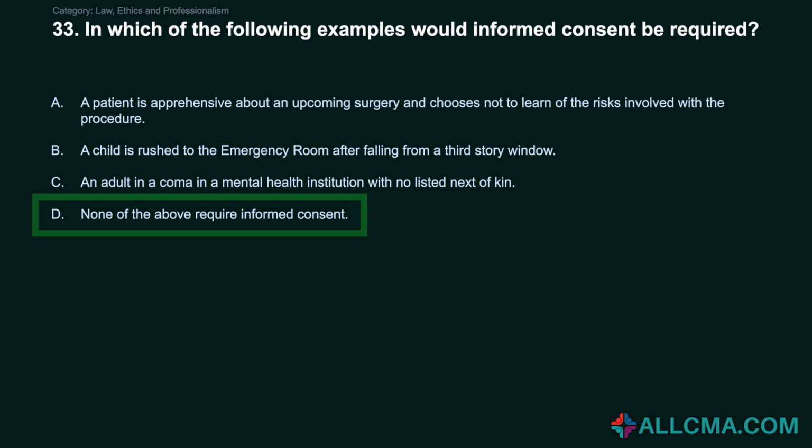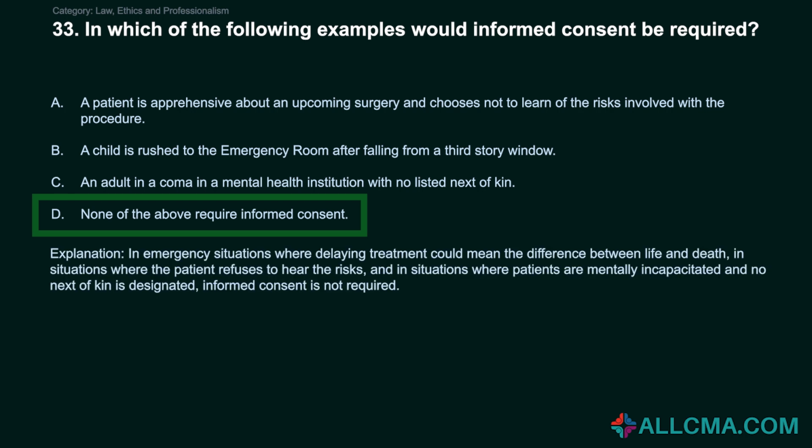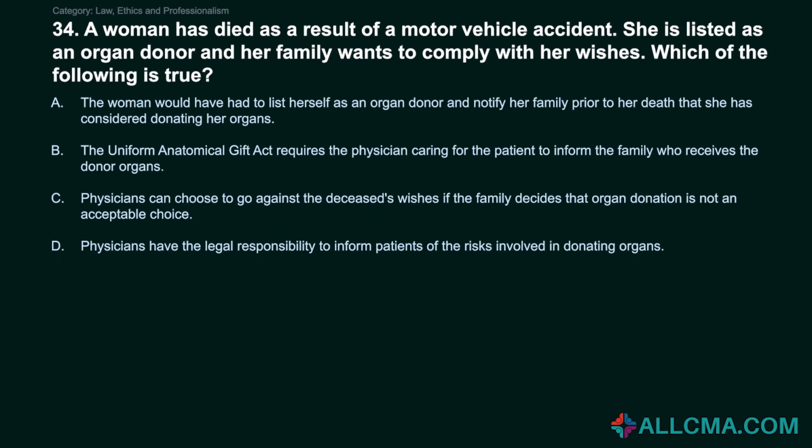Correct answer: D. In emergency situations where delaying treatment could mean the difference between life and death, in situations where the patient refuses to hear the risks, and in situations where patients are mentally incapacitated and no next of kin is designated, informed consent is not required.